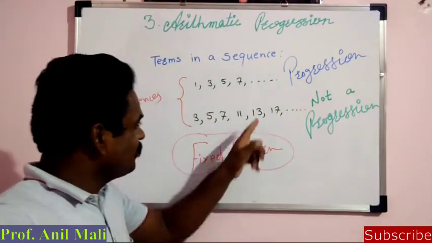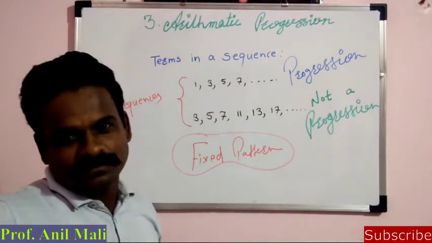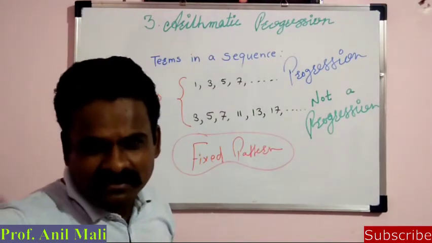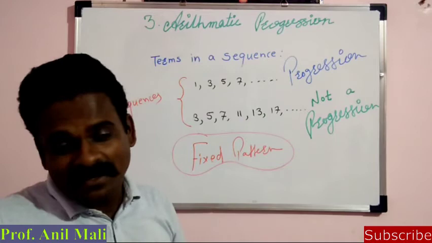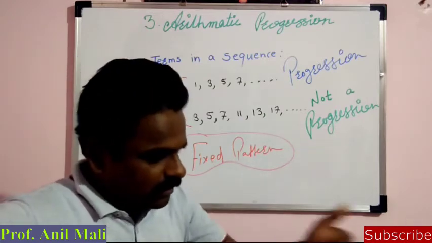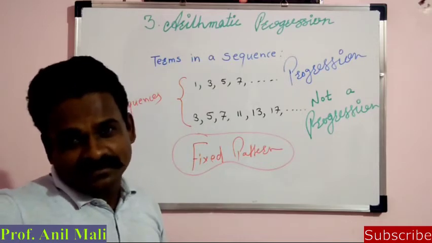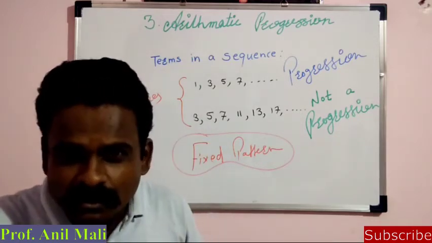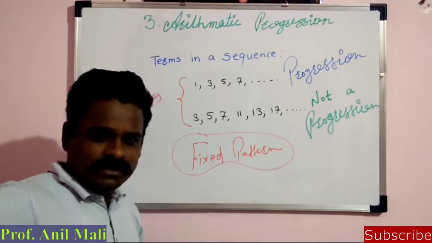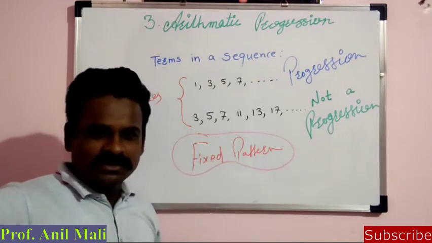But still you can tell me the next term in this sequence. Which one is that? That is 19. And next of the 19, it's 23. So what are those numbers? All these are prime numbers.